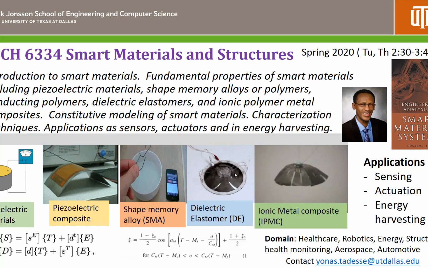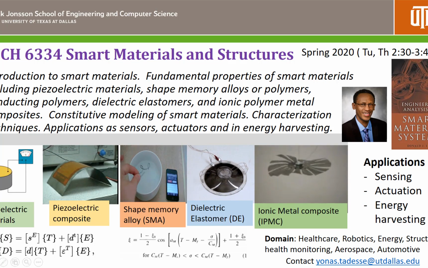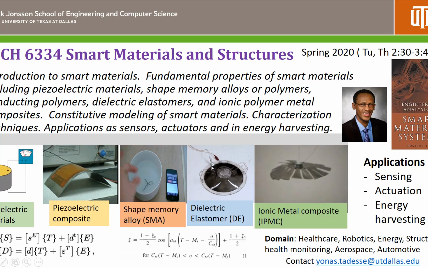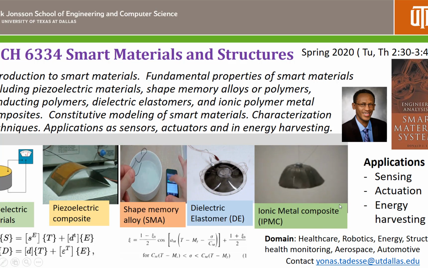The coating is applied on the surface, and when you apply electric voltage, usually a huge voltage, to the terminals from the top and the bottom, this material will deform. It will exhibit large deformation, very large deformation compared to the piezoelectric. Okay, that's called dielectric elastomer.